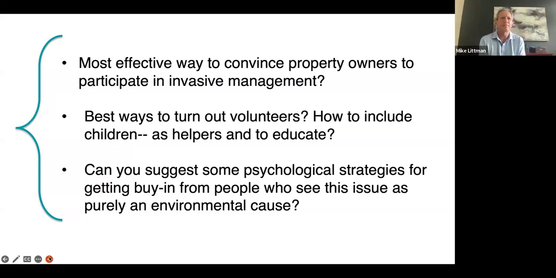Sure. So we have an instance right now where we're removing Tree of Heaven in our community. We're getting rid of all of it. We've got probably 200 mature trees scattered over, not to mention all the saplings. We have another nasty plant we're getting rid of later this month, purple loosestrife, and we've got some bamboo.